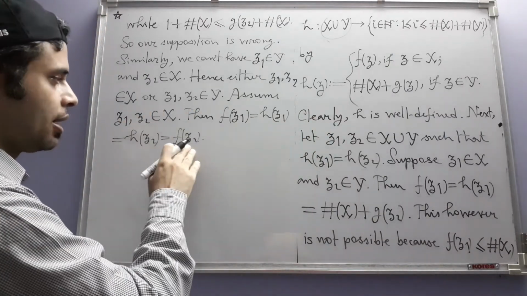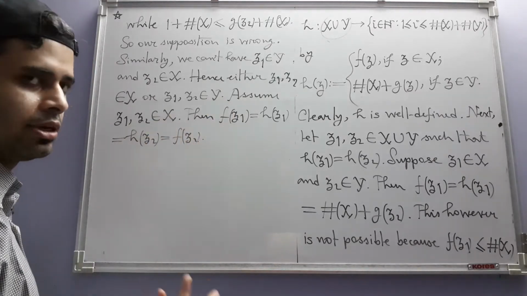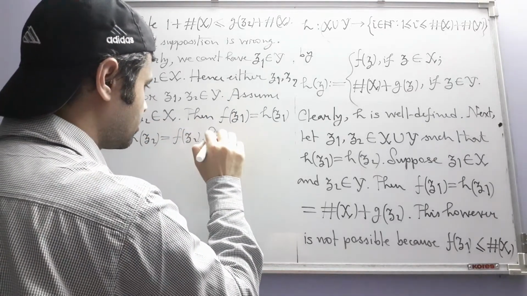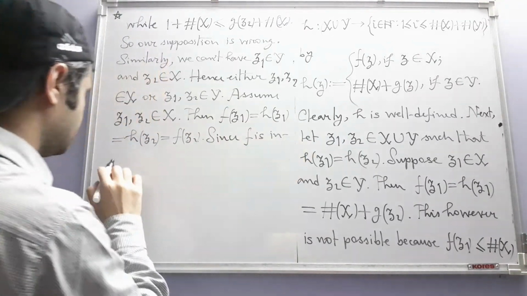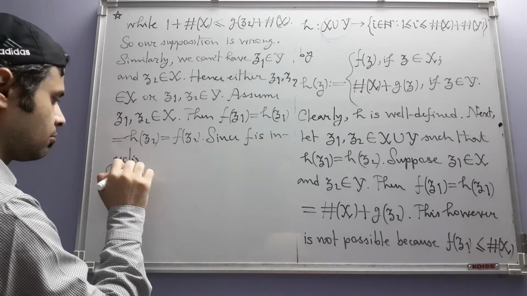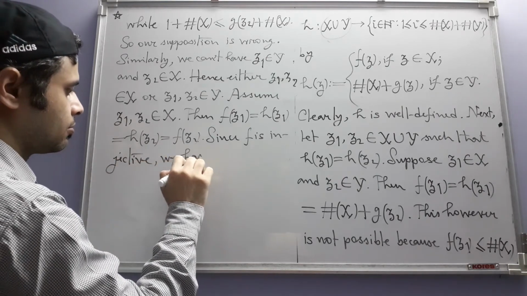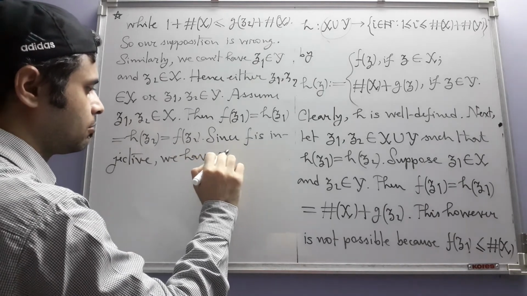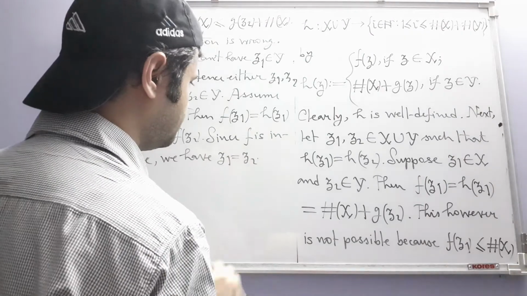Then we will apply the fact that F is injective and draw the conclusion that Z1 is equal to Z2. Since F is injective, we have Z1 equal to Z2.